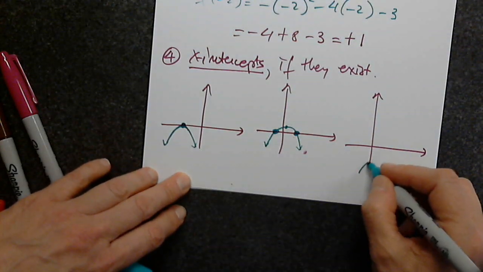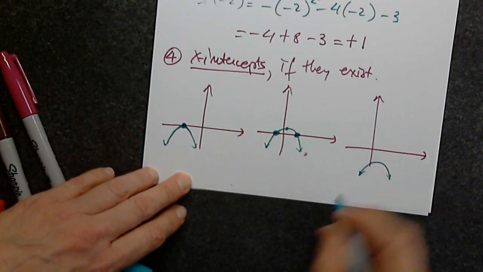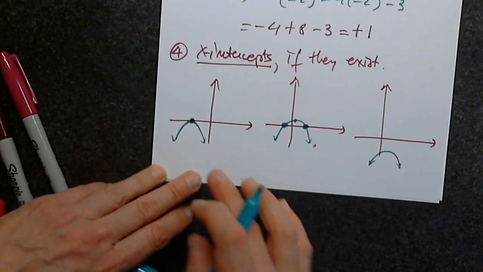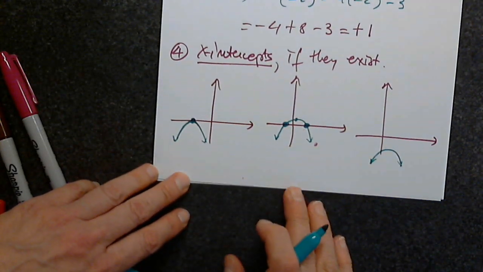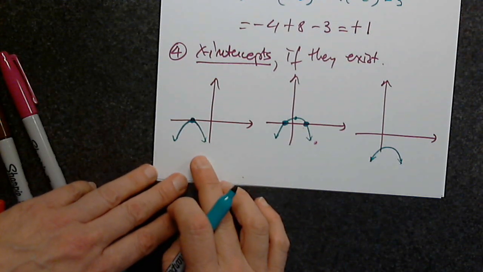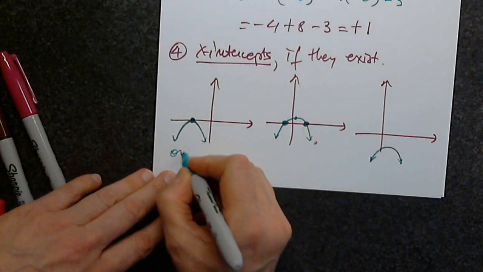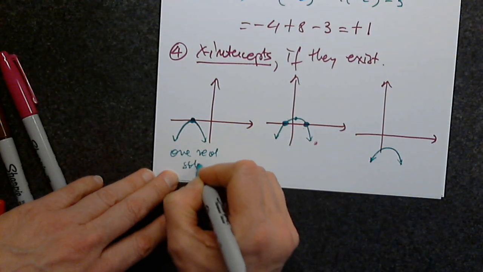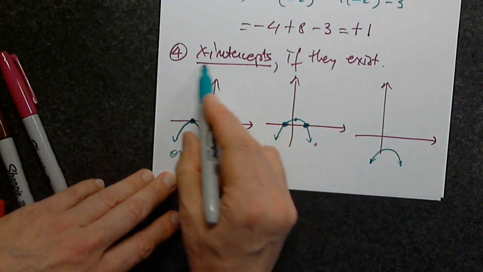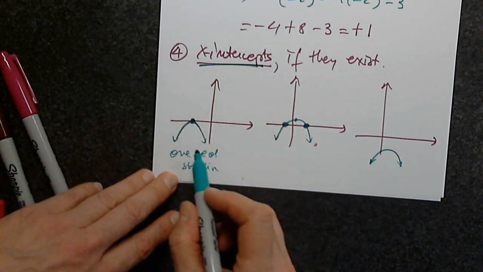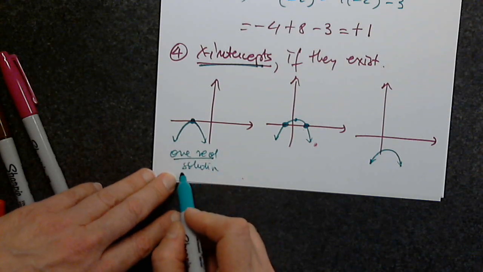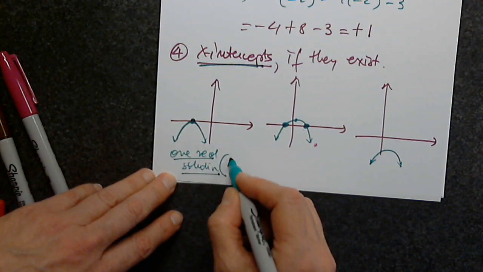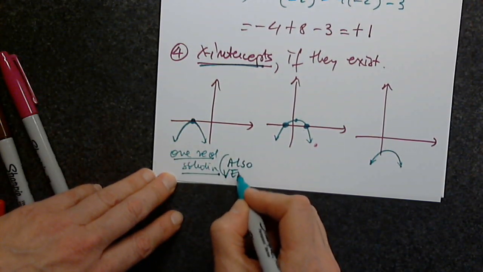And here's the third one. How many x-intercepts, in case this function looks like this, does it have? 1. So one real solution for the x-intercept. Is this going to be the vertex as well? Correct. If there is only one real solution, that is also the vertex.